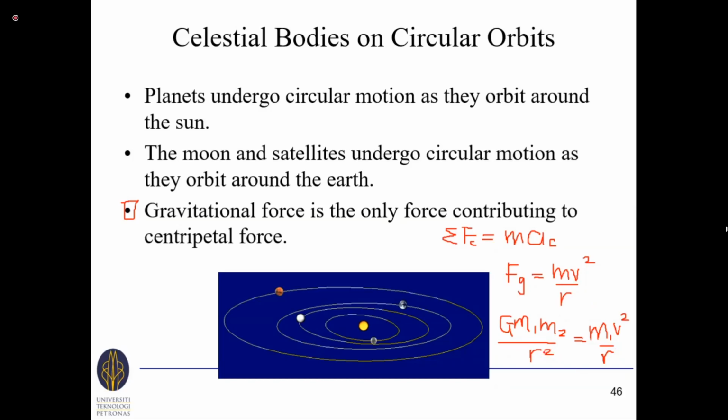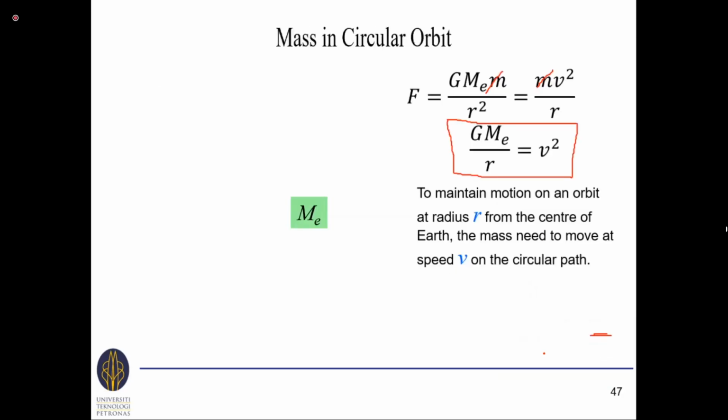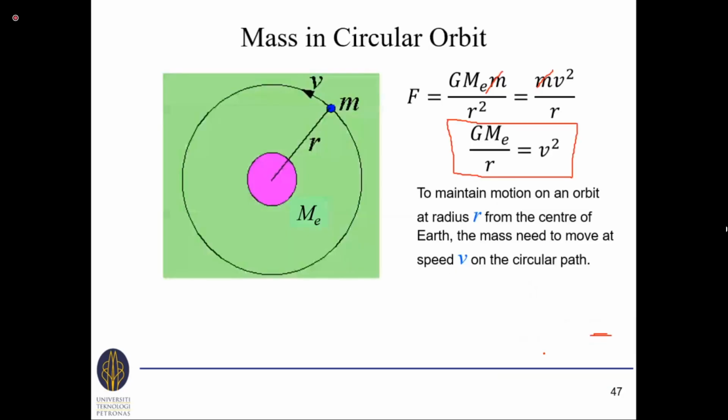So what are the things normally asked to calculate here? You can calculate the speed of the circular motion. Rearrange carefully, cancel one of the masses.